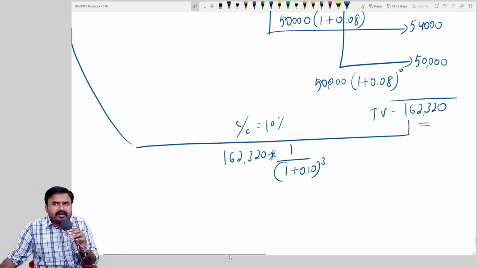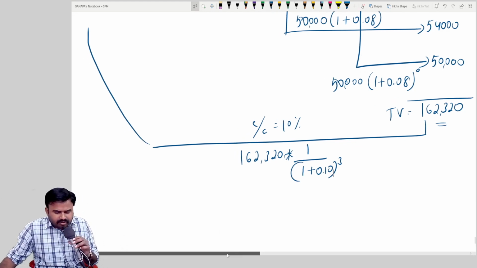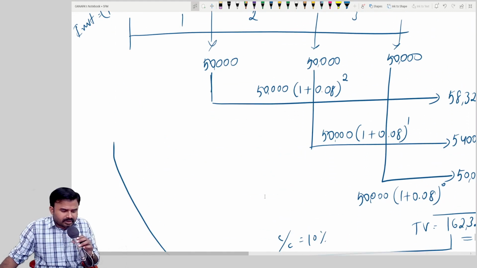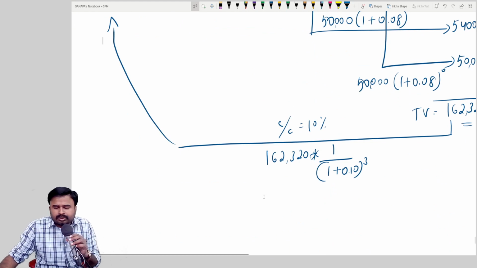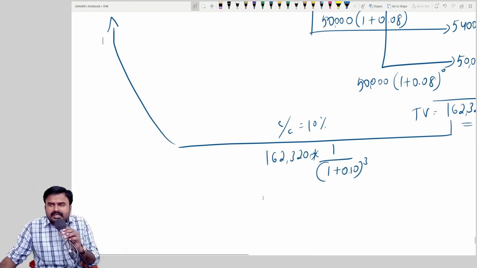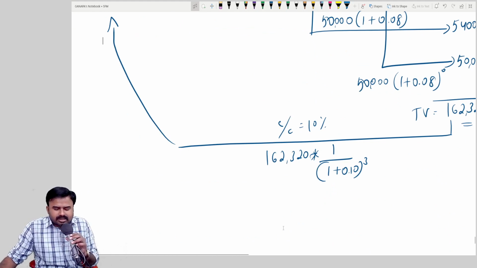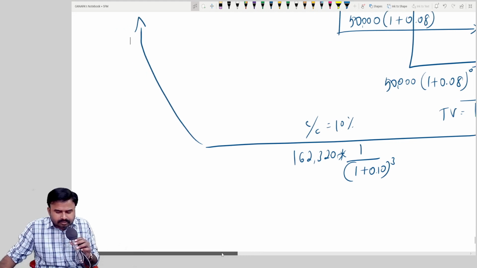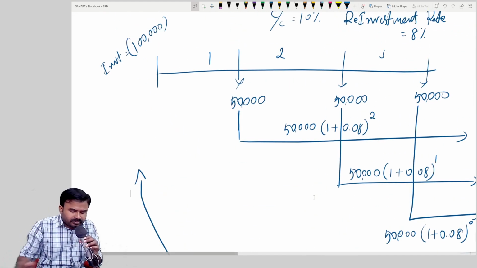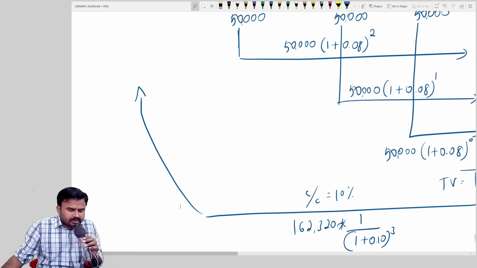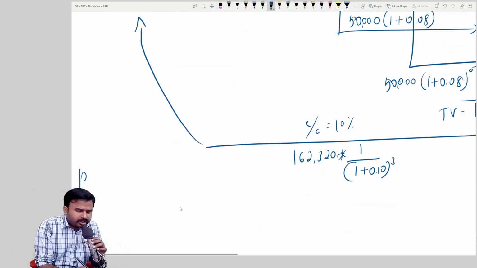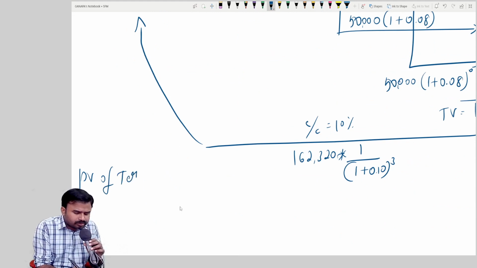The third year ending present value factor is 0.751. If you take all decimals, you'll get an accurate figure. Then I'll get the present value of terminal value.